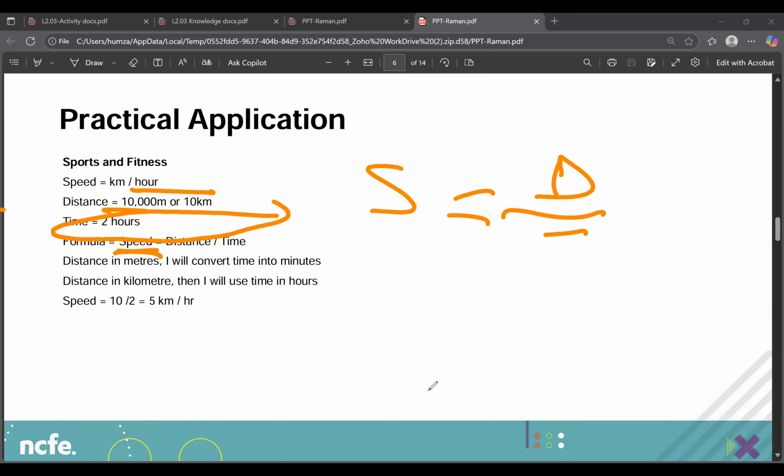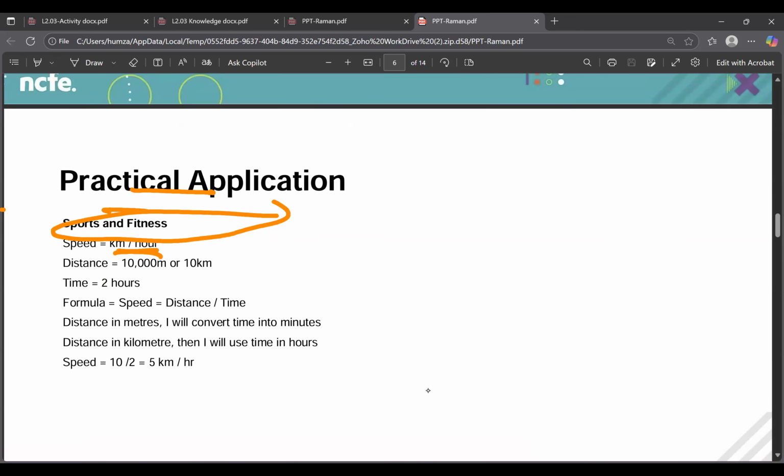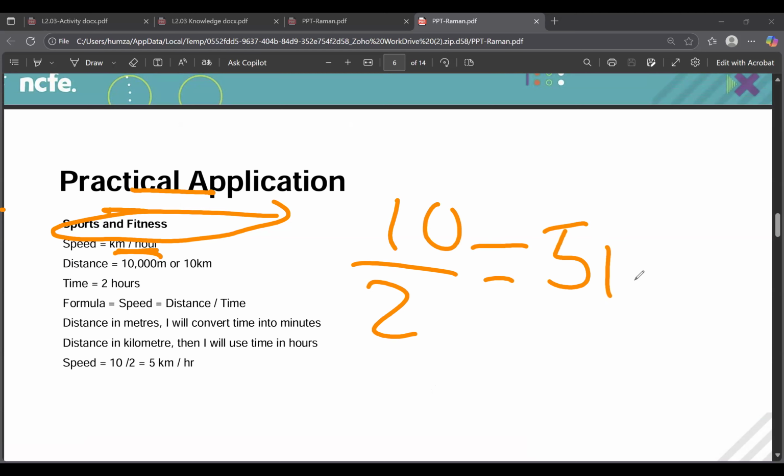Sorry, if we want to work it out in kilometers, we will convert this to 10 kilometers, and the time into hours, which is 2 hours. 10 divided by 2, distance over time, equals 5 kilometers per hour. I think this one is easier.